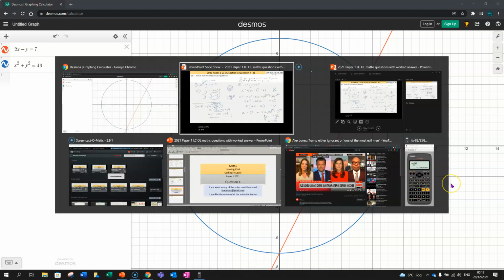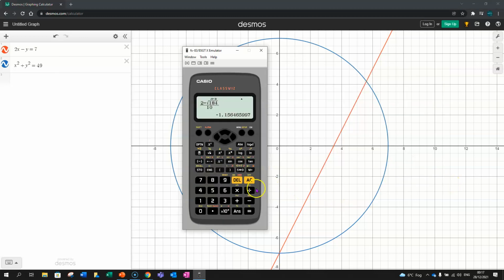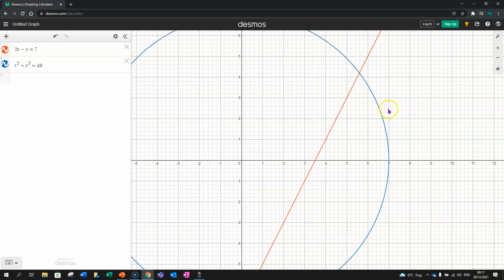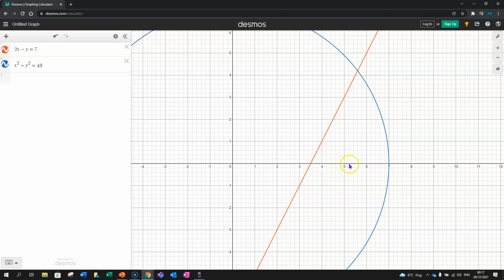Sorry, 28 over 5, what I was thinking of. So 28 divided by 5 is equal to, in decimal, 5.6. Does that look like 5.6 if I zoom in? That's 5, 5.5, so 5.6 will be 3 boxes. It is 5.6. So I have my x value.